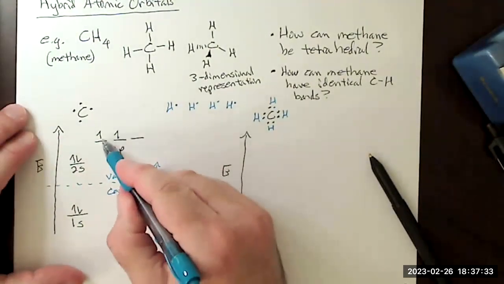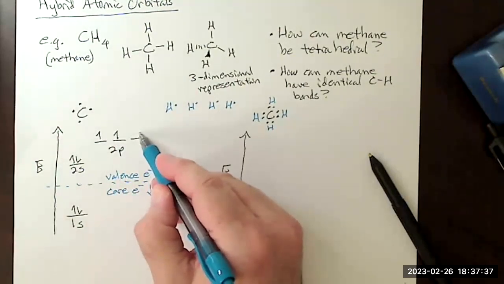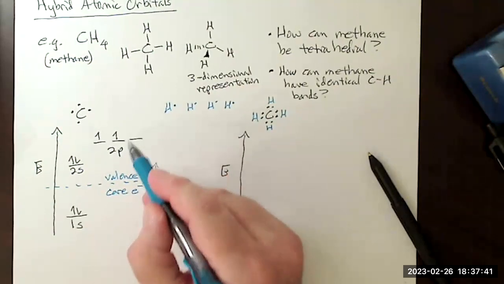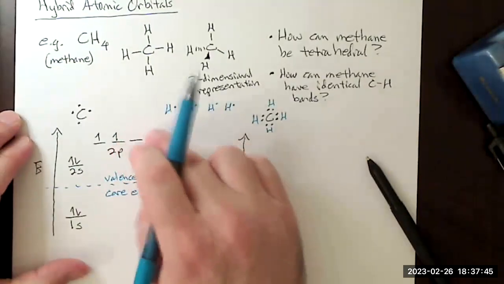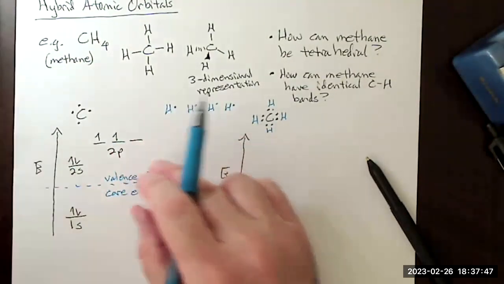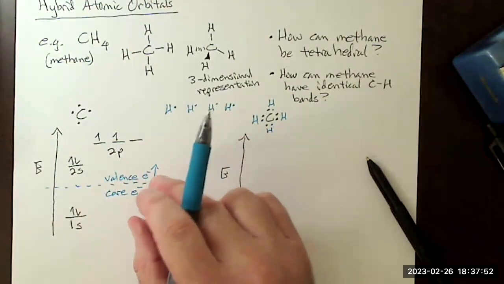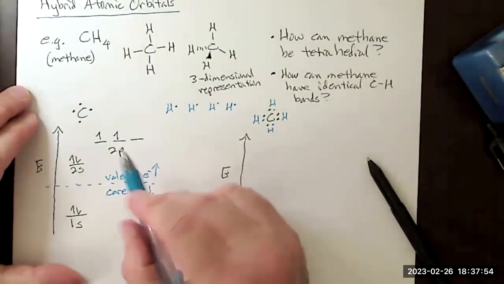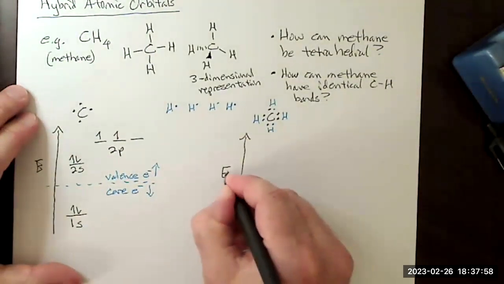I can pair up here, I can pair up there, but now I've got an empty orbital. I can't pair up in that. And I can't bring 2 hydrogens, each with an electron, and try to get them to pair up in 1 orbital. That would be 2 hydrogens bonding to 1 orbital, which is just crazy talk. So what we need to do is hybridize.